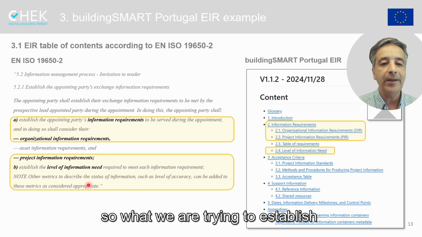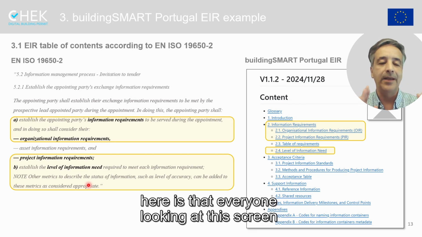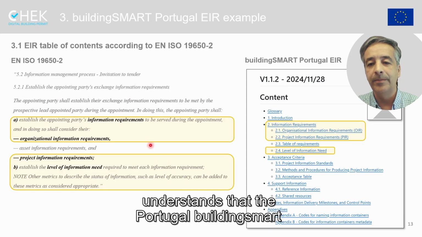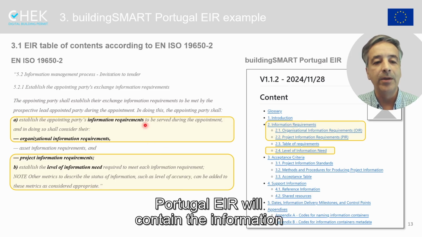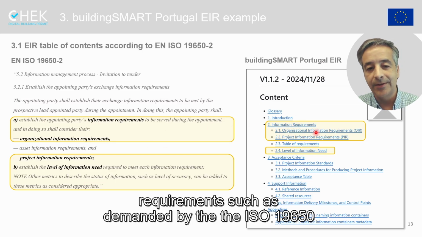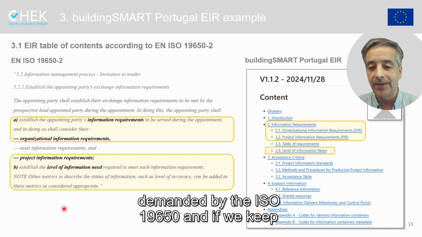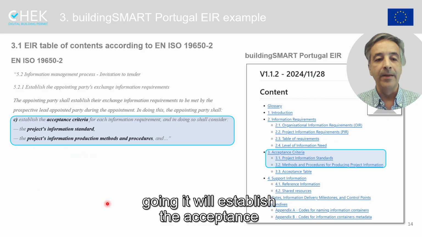So what we are trying to establish here is that everyone looking at this screen understands that the BuildingSMART Portugal EIR will contain the information requirements as demanded by the ISO 19650, then the level of information need as demanded by the ISO 19650. And if we keep going, it will establish the acceptance criteria.